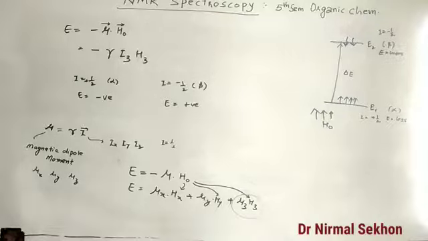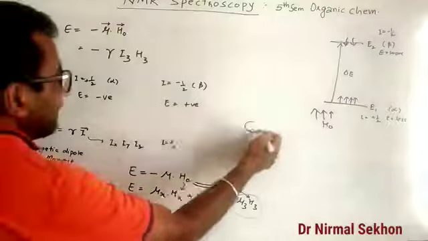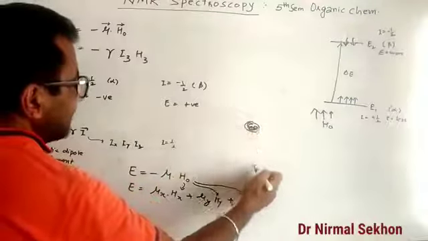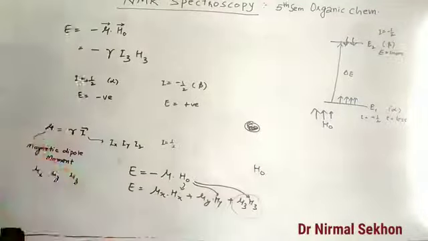So this is the main point in terms of the three-dimensional view of where the external magnetic field comes from. Again, I am repeating this: we have a nucleus, and we apply H0 from any direction, from the x-axis, y-axis or z-axis. Suppose we apply the external magnetic field along the z-axis.